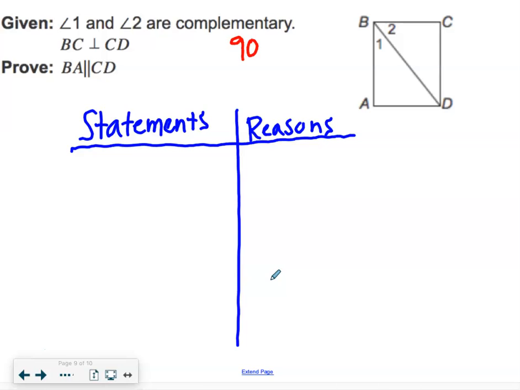Perfect. And then BC is perpendicular to CD. What does that give me? What do you guys know about perpendicular lines? They intersect at a 90-degree angle, so I know then angle C is a right angle. Yep. Start off with our givens here.